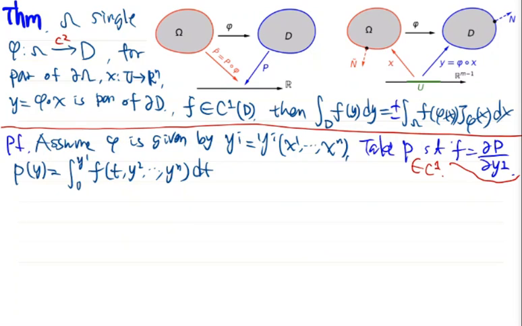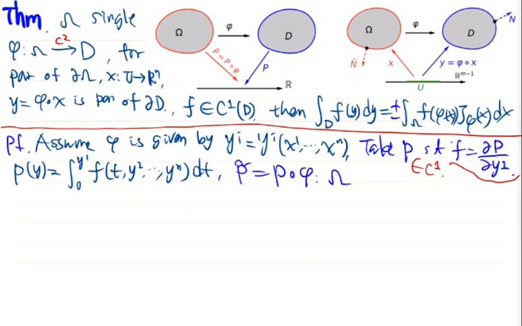Continuously differentiable. So the function p is given here. It is defined over D, but we can compose p and our map phi to obtain a new function, p tilde. So p tilde is the composition of p and phi.